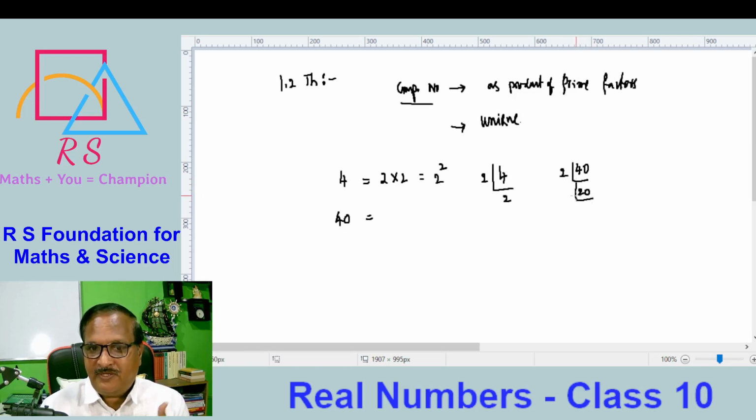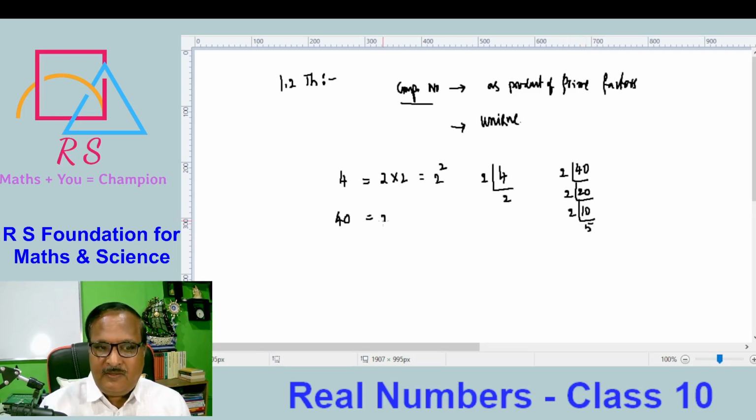Again the quotient came and we have to divide it, because the remainder is 0, then only 2 will be a factor. Again the next quotient is 10, 2 10s are 20. Again there are two possibilities, you can take 2 or you can take 5 also.